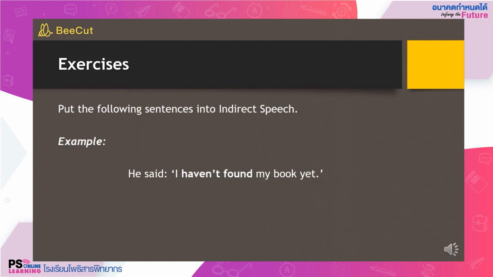The answer is, he said that he hadn't found his book yet. Haven't found is present perfect, and we need to change it one tense back to past perfect simple. That's why it would change to hadn't found. I is related to he, so that's why we change it to he in the reported speech.